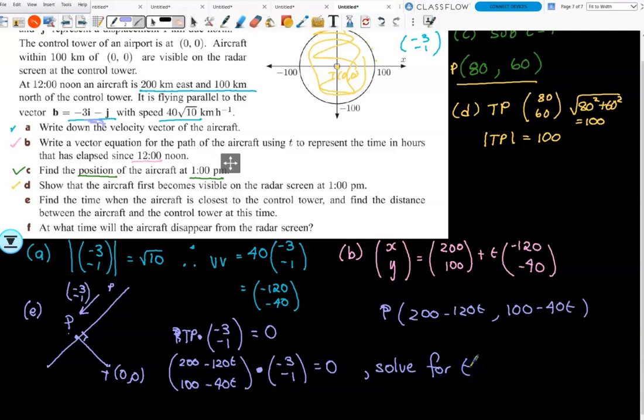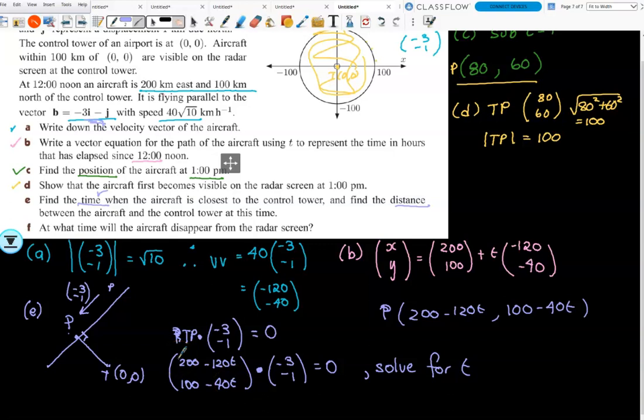Keep in mind what we're actually asking: find the time t when the aircraft is closest, and find the distance. Once you've found t, you pop that back into this vector and find its magnitude.